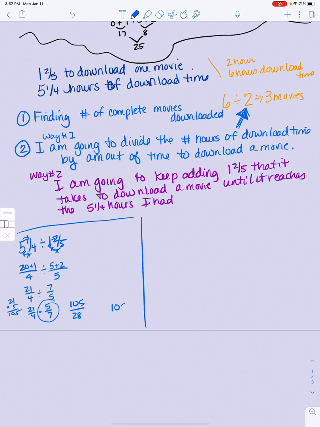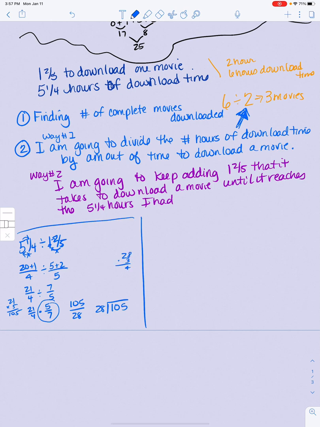dividing 105 into 28. And I'm going to do some guessing. Let's see how close I can get. 28 times 3. I'm running out of room. So let's do 28 times 3.